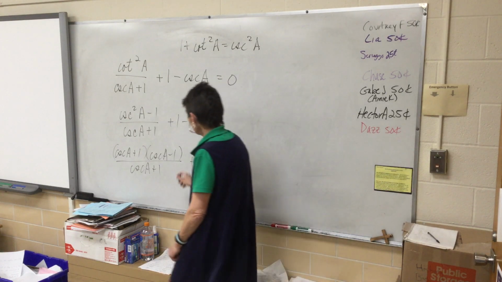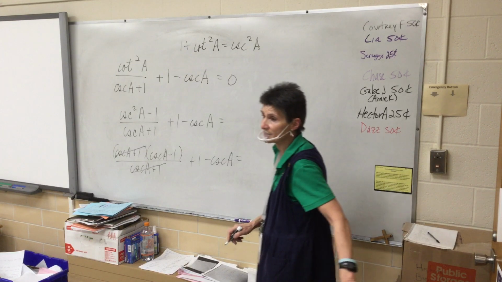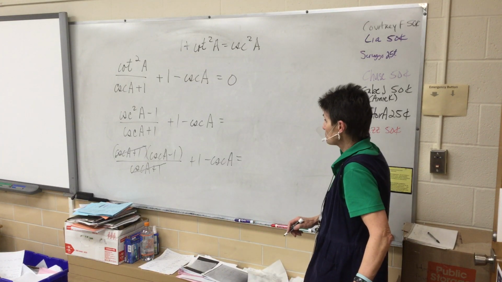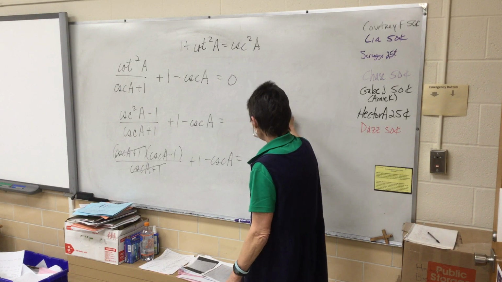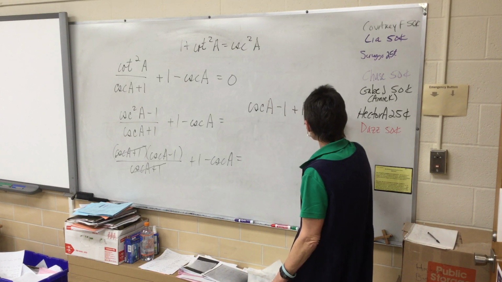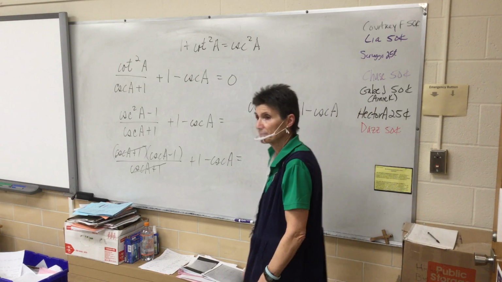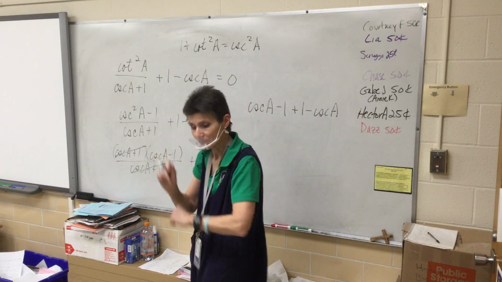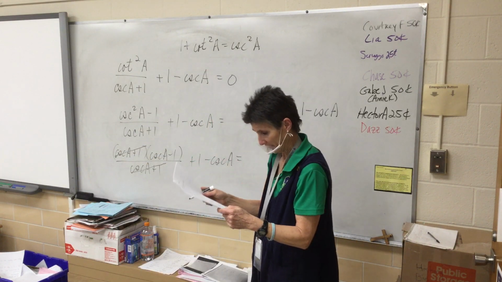Now we can cancel, because the whole shebang cancels. I never cancel pieces of it, not if there's adds and subtracts. So what am I left with? Cosecant A minus 1 plus 1 minus cosecant A? 0. Good job. One more. And then I promise I'll shut up. One more.